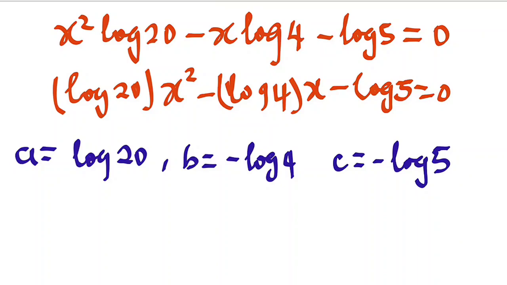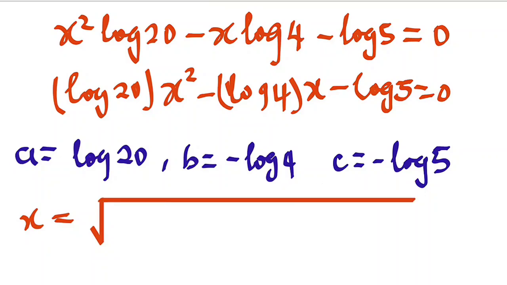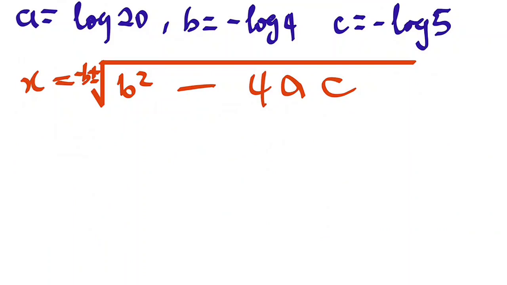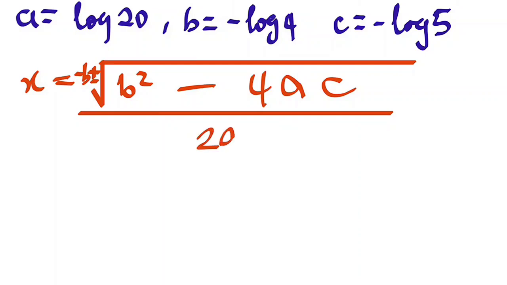Let's bring the quadratic formula. We know the quadratic formula to be minus b plus or minus the square root of b squared minus 4ac, all divided by 2a.